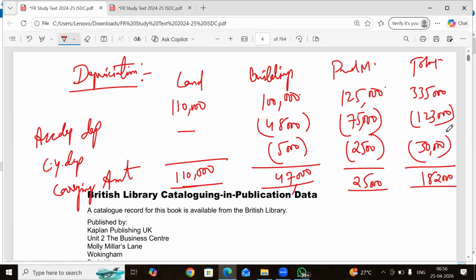Now, we have got the depreciation for the current year, we need to take the 60% of this. 60% of this will go in your cost of sales account.